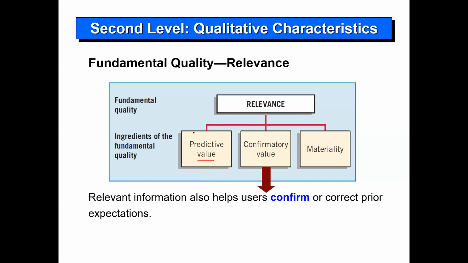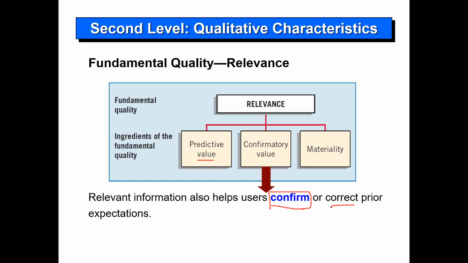It is the time now خلاص either to confirm أو to correct the prior expectations. يعني أنا I expected for 2020. طيب whenever I reach the end of 2020 كويس I will find out the actual values and I will compare them with my expectations. If it is correct, so actually I confirmed my expectations.